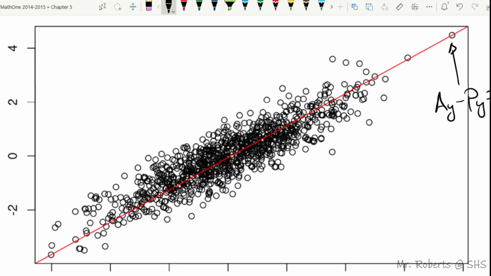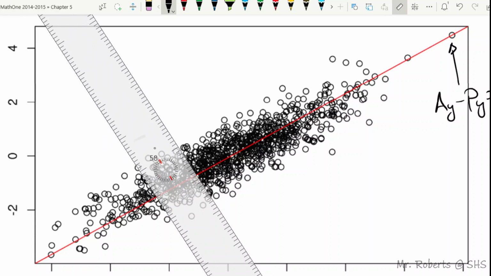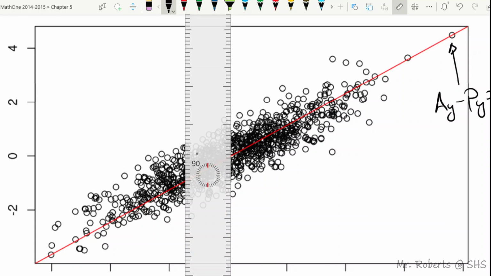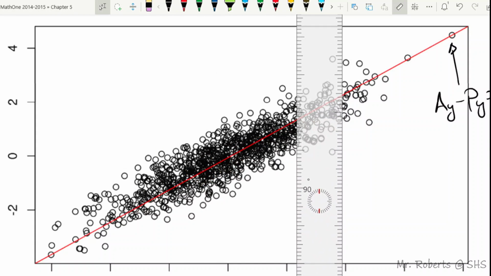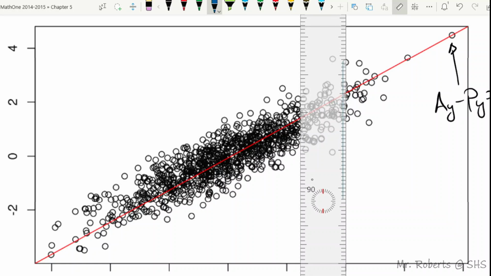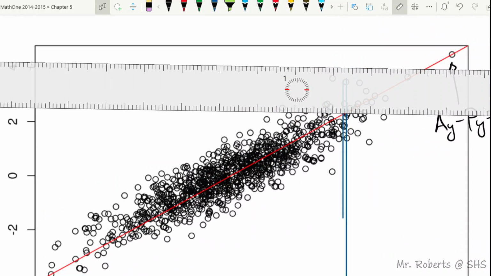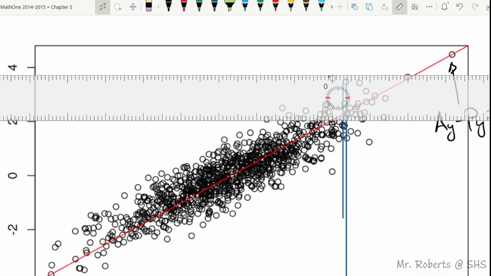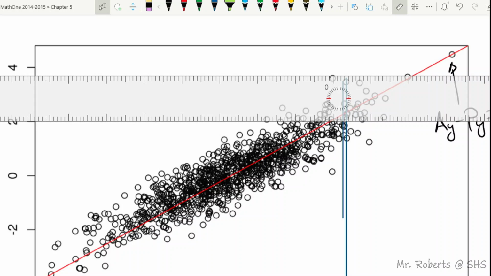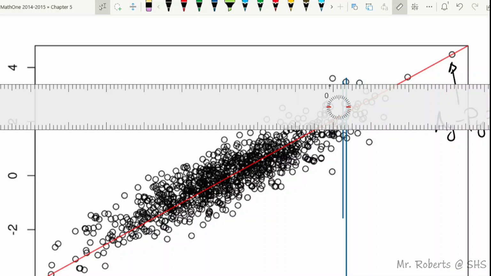But if we were to consider, let me grab this ruler, go 90 degrees, come over here, so right around here, I'm just going to point out this one. It looks like when X is 2, it gets pretty close to Y being somewhere between 3 and 4.